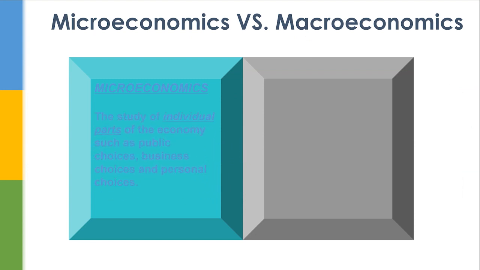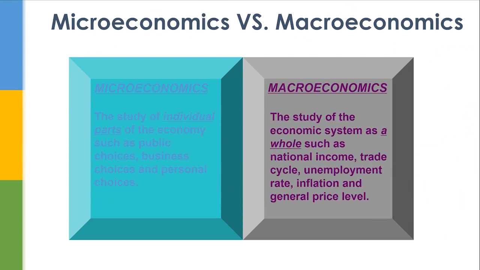And then we have microeconomics versus macroeconomics. So basically in economics we have two types. Maksudnya ada micro and macro. Tapi we are not going into depth of this thing, and just want to explain briefly what it means. So microeconomics is the study of individual parts of the economy, such as public choices, business choices, personal choices.